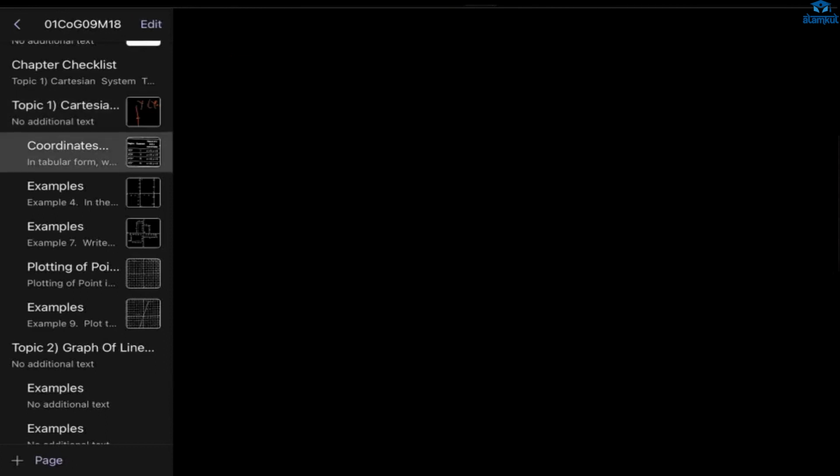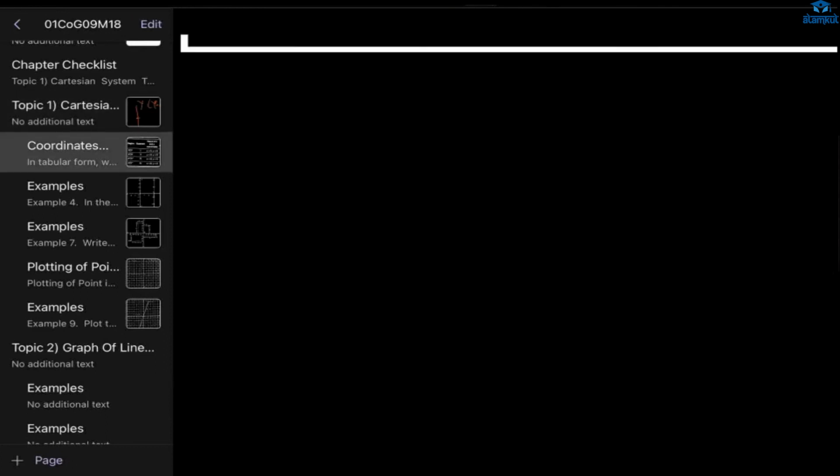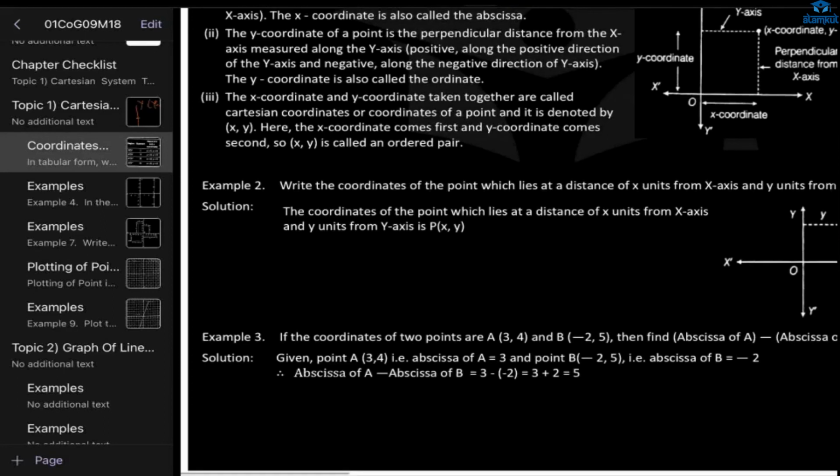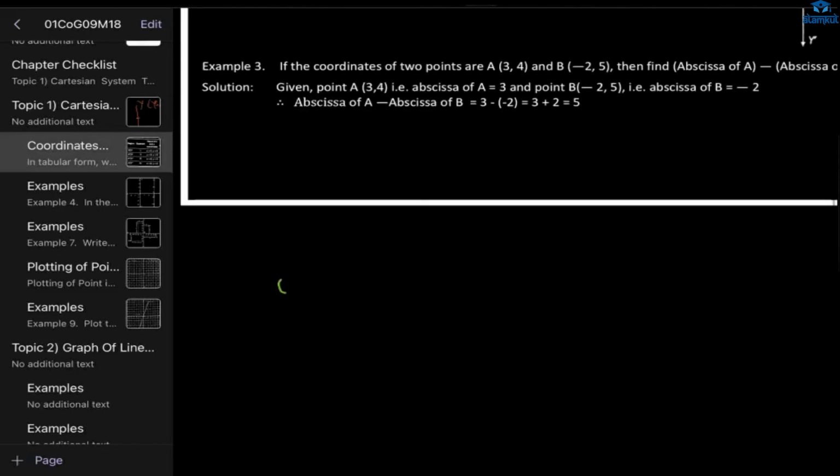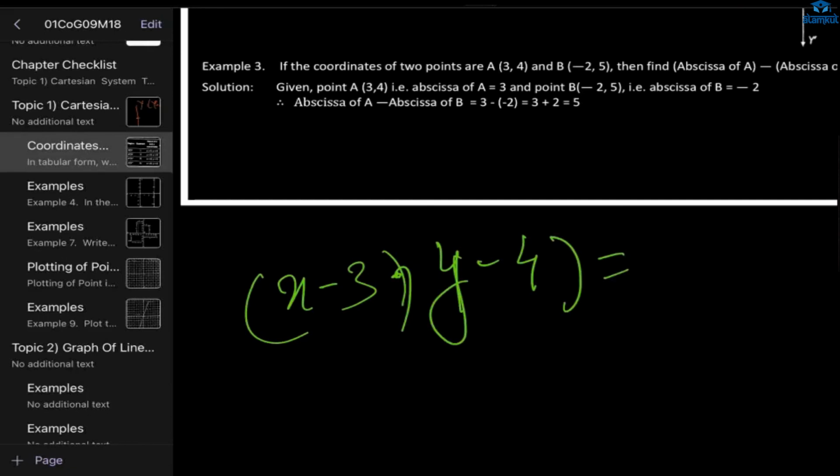Yes, ma'am. Now let's see the next one. Ma'am, you should have said like a equal to c and b equal to d. Yeah. Or you can say the equation can be written as (x - 3, y - 4) is equal to (5, 6). So equal to sign is there, means both of them are equal, so you are going to compare x with x, y with y.